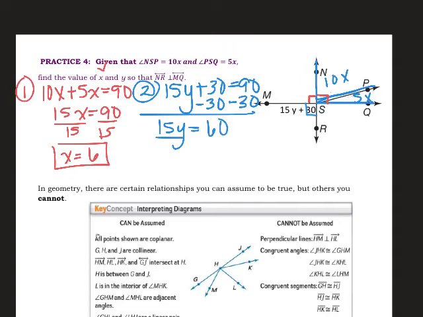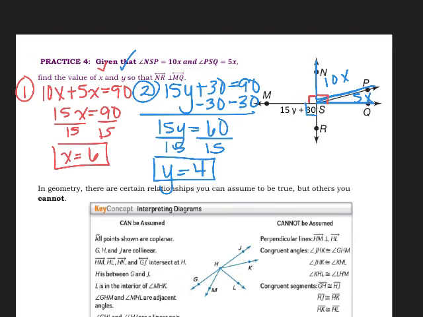And if we divide that by 15, what do we get? 4. All right, we got the y. And that was all they wanted you to find. So just keep in mind, again, that if there's a 90 degrees, there's always one next to it when two lines intersect, okay?